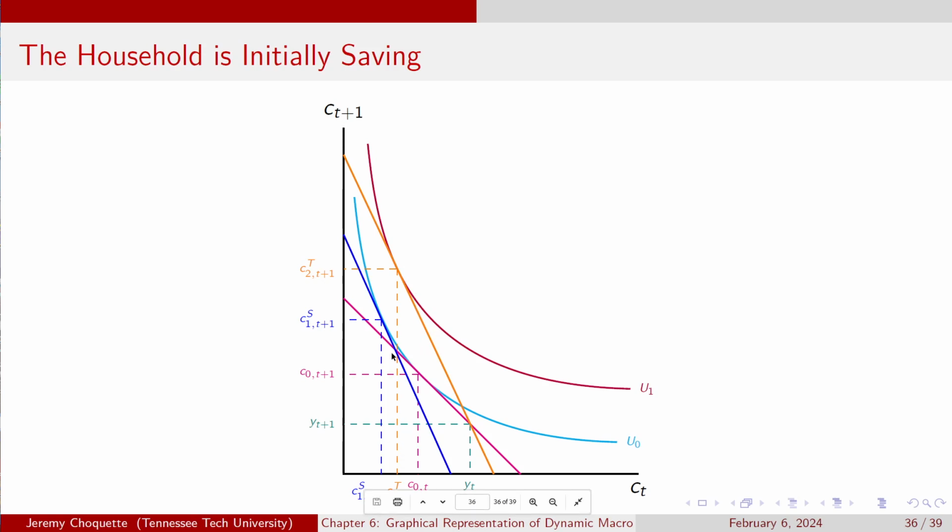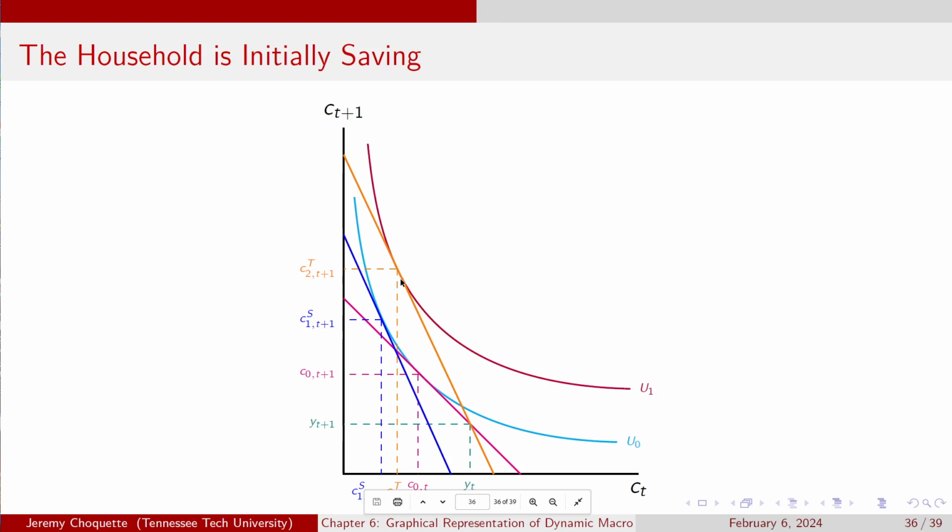Thus, we have changes in consumption. Now, what happened if we had changes in consumption here? Well, first off, what did the interest rate do? Did it increase or decrease? That's right, it increased. So if it increases, we were initially consuming at C_t0 and C_t+1,0.